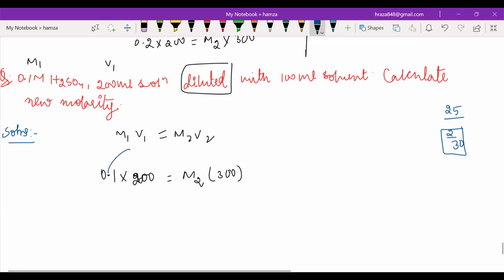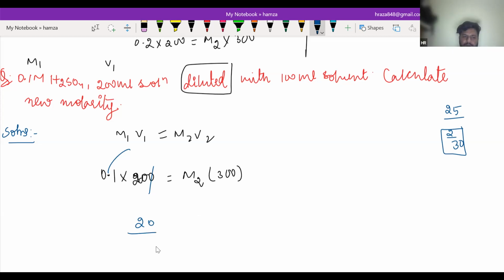Now this decimal will be cancelled and it will be 20 upon 300 M2. So basically, the new molarity will have a value which is 1 by 15 moles per liter.